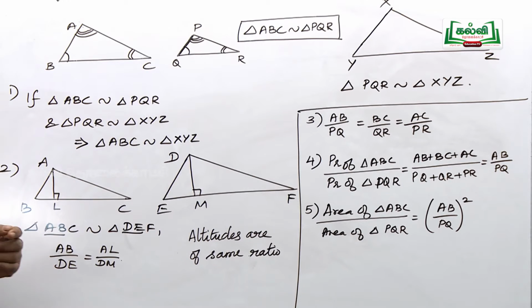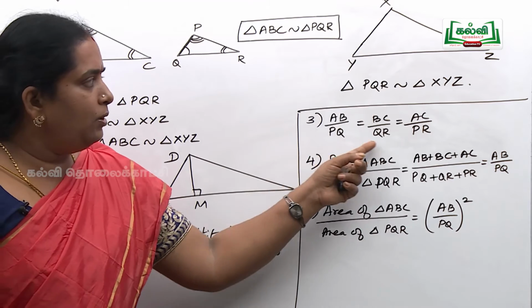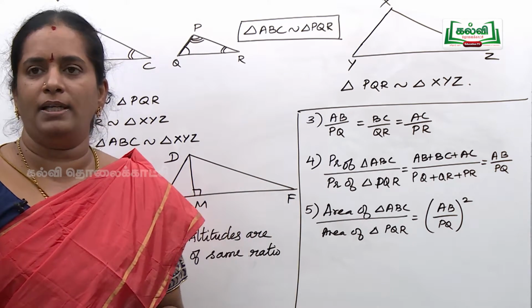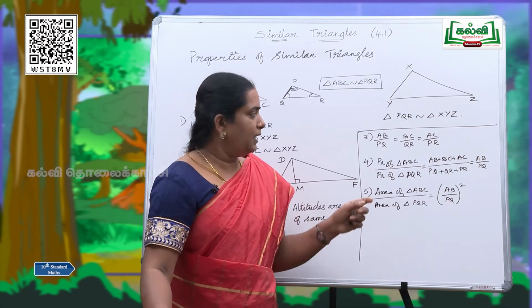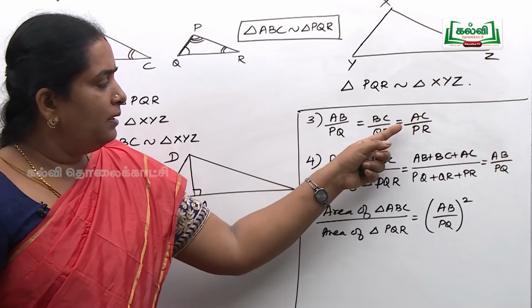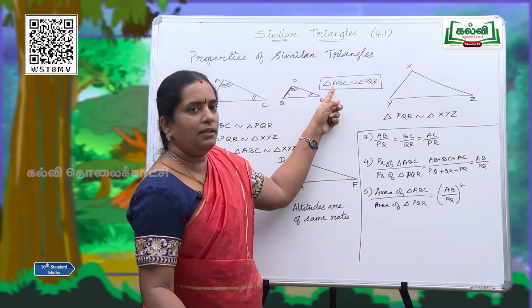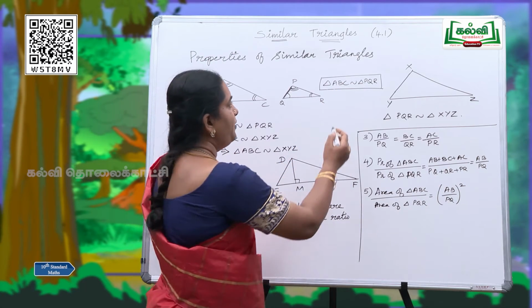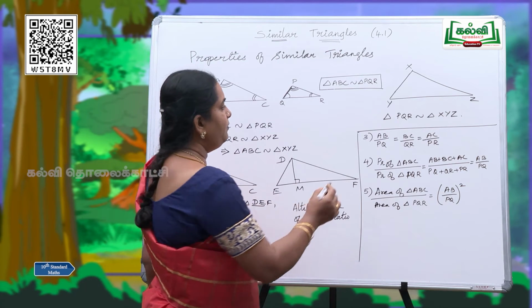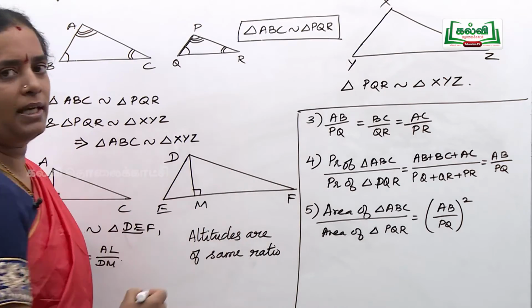And one more property: if two triangles ABC and PQR are similar, the ratio of all the corresponding sides is equal. That is, AB by PQ, BC by QR and AC by PR are all the same. How can we identify the corresponding sides? First we have to be careful in writing the names of the triangles. Then take the side AB and here take the side PQ.